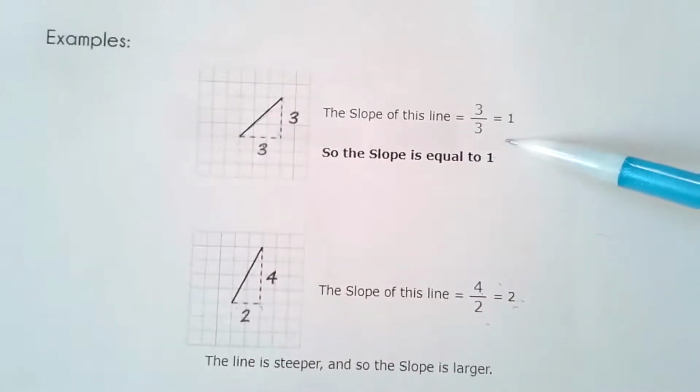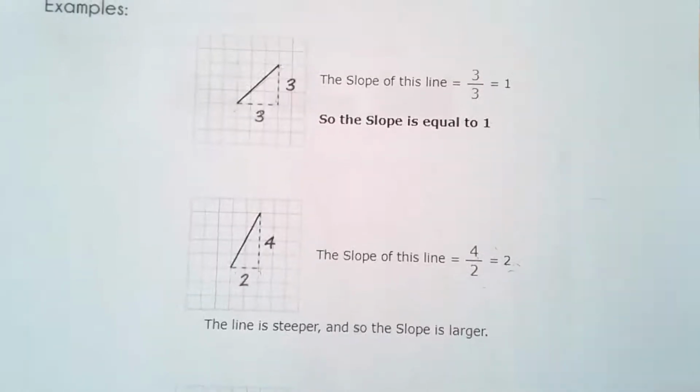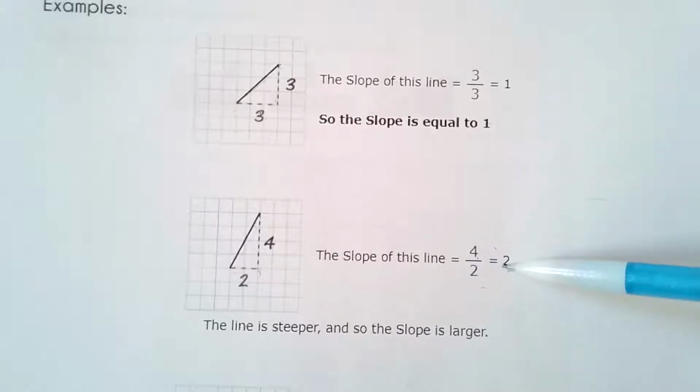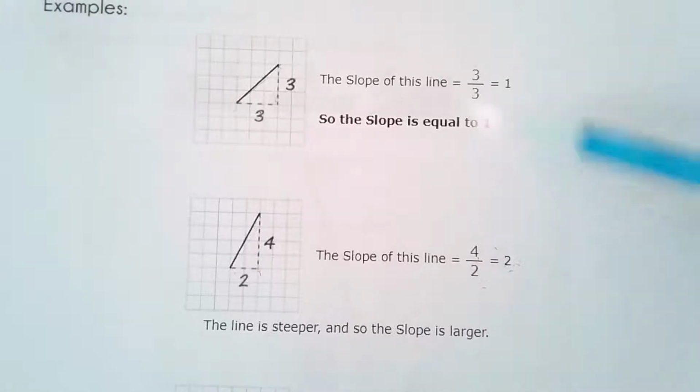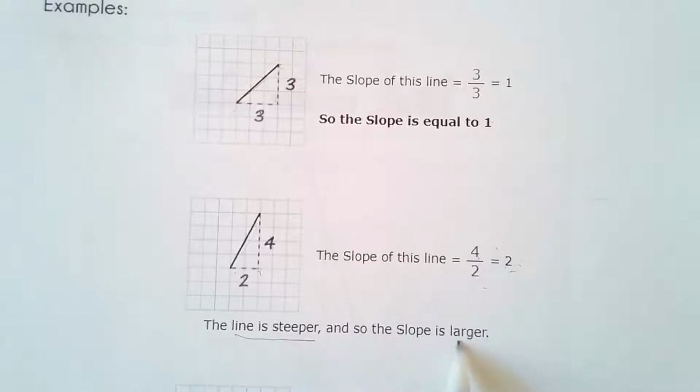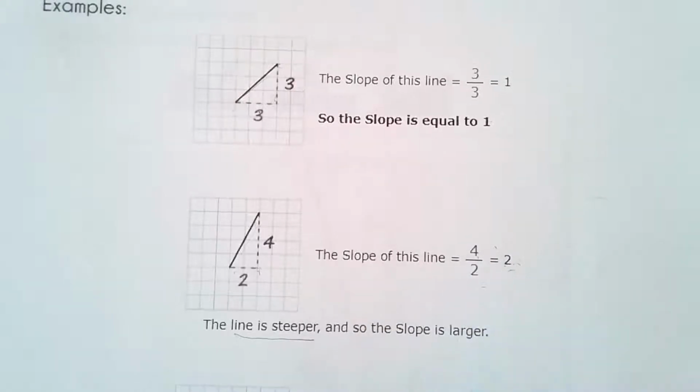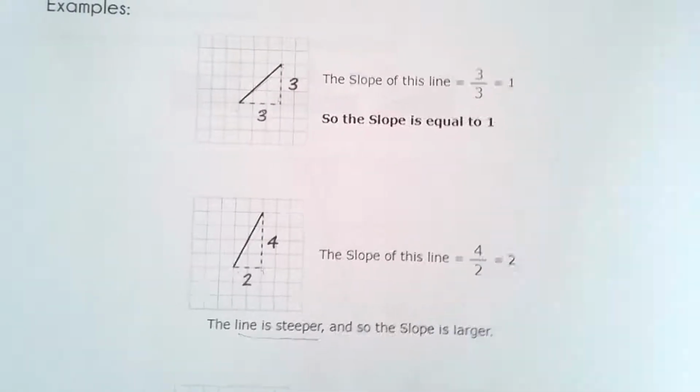A slope of 1 is much steeper than a slope of 0.6, but not as steep as the slope of 2. So the value of the slope tells you the steepness. The line is steeper, so the slope is larger. So the larger the slope, the steeper the line.